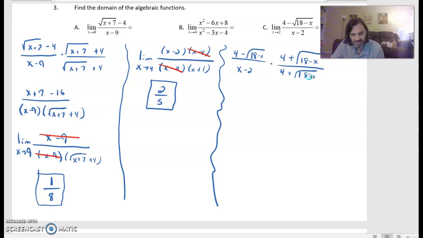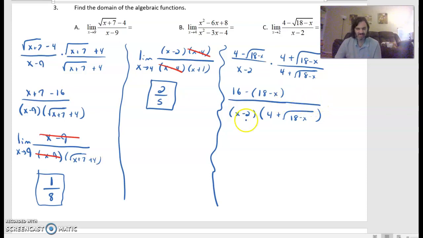So multiply the top out, it looks like I get 16 minus the quantity 18 minus x, so we'll clean up in a second. On the bottom we got x minus 2 times 4 plus the square root of 18 minus x. So the top becomes, when we clean it up, we'll just go ahead and put it back in the limit as x approaches 2.